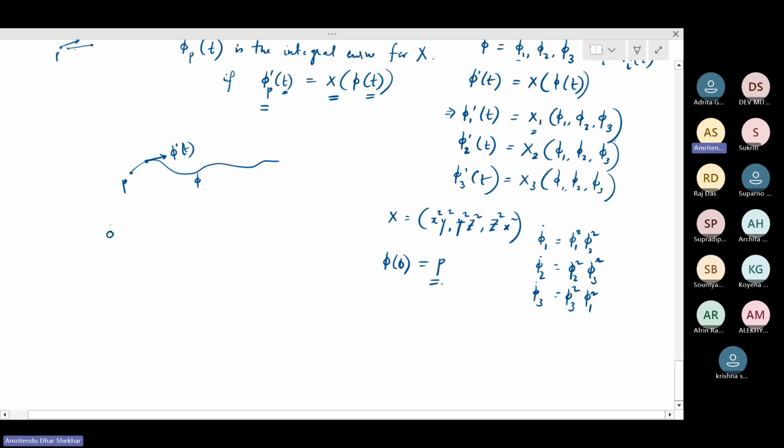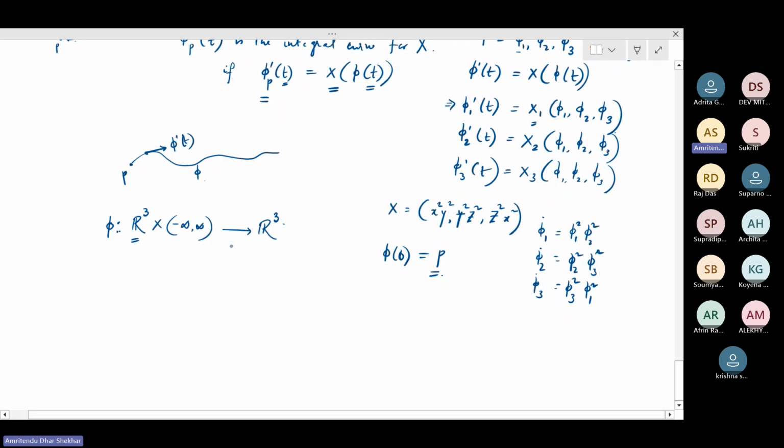So phi is a map which takes an input point and a time value, and gives you some point in R3.